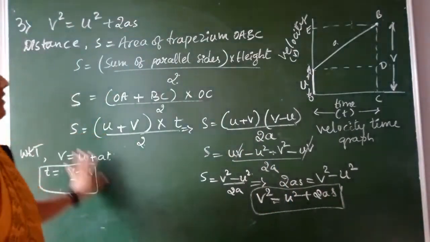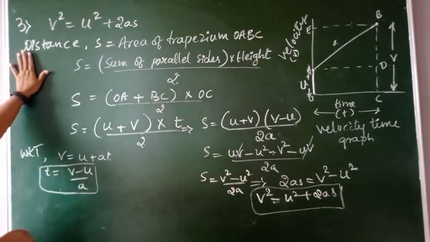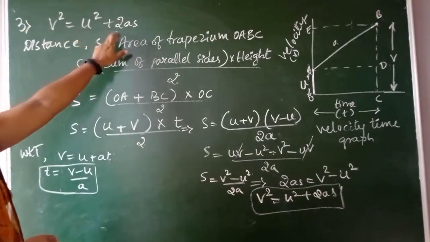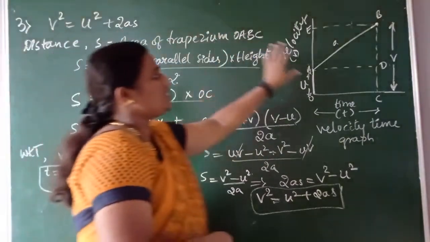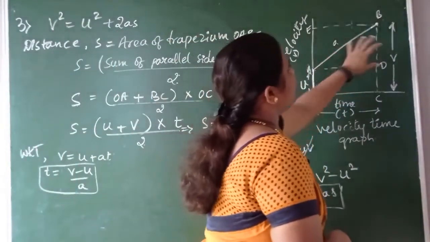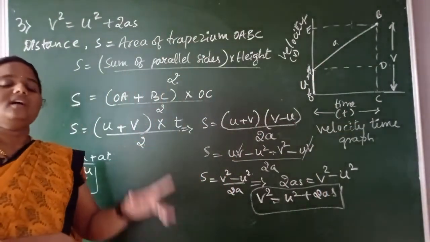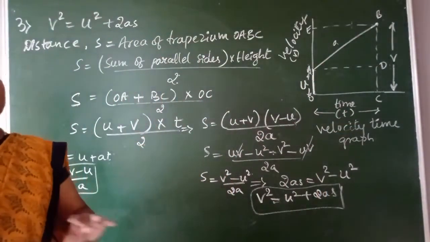Got it, children? Once again I'll explain. Here we need to derive the third equation of motion, V square equals U square plus 2AS. This figure looks like a trapezium, so for the area of a trapezium we use sum of parallel sides into height divided by 2.